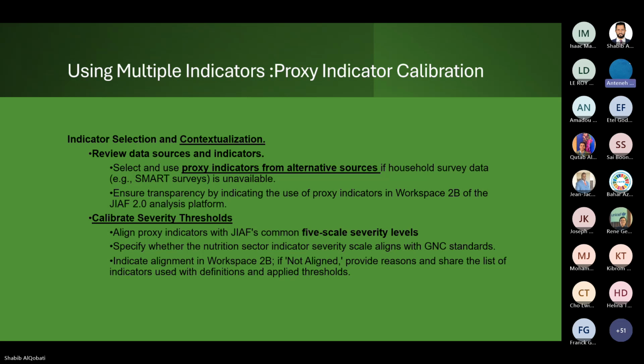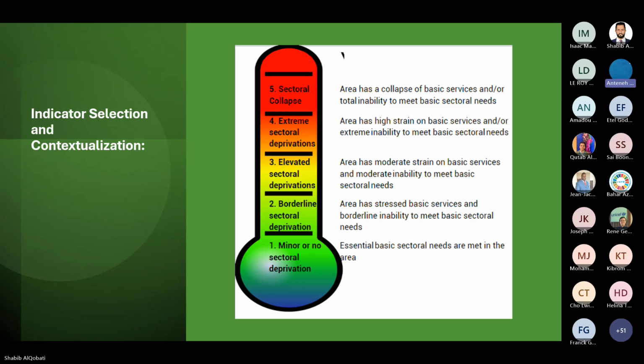All right, next. So, as I mentioned earlier, whichever context-specific indicator we select, we need to align the degree of severity with this global standard. This global standard is made to be generic without specifying the specific sector or specific location.